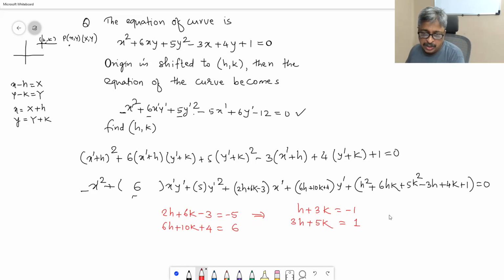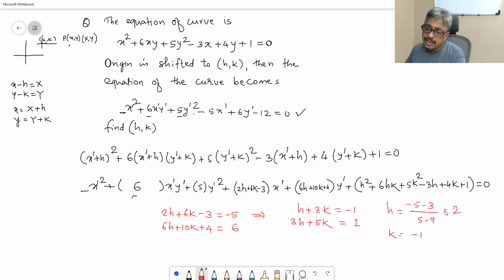Now, Cramer's rule, h is equal to minus 5 minus 3 upon 5 minus 9, that is equal to minus 8 upon minus 4, which is 2. And if h is 2, k is going to be minus 1. Because 2 comes this side, it becomes minus 3, k is minus 1. h is 2, k is minus 1.